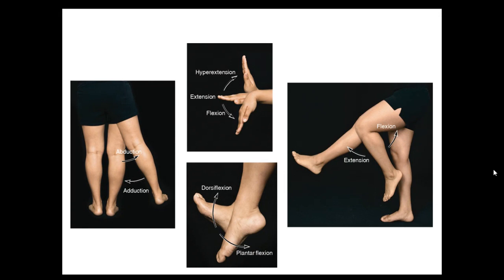Dorsiflexion is bending the foot up at the ankle. Plantar flexion, dorsiflexion. Some people get warts on the bottom of their feet, and they're called plantar warts, because they're on the bottom of the feet.